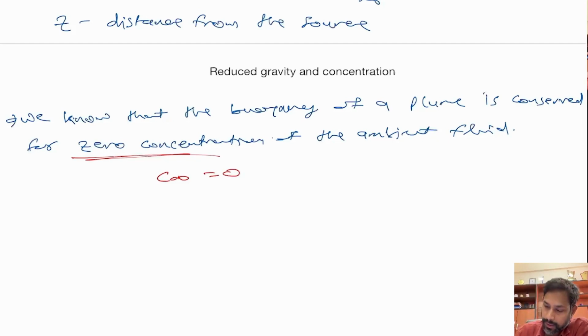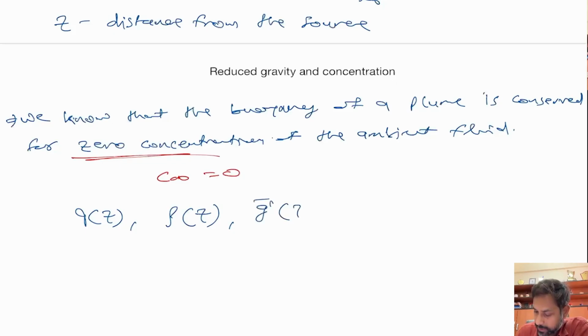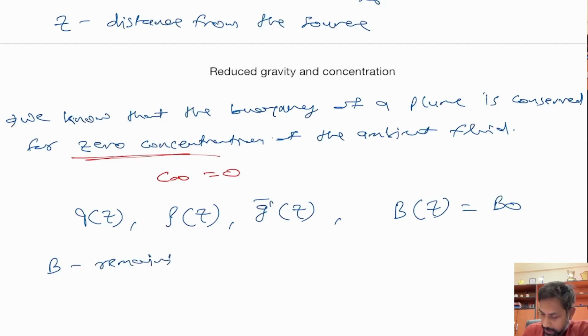Okay, and that is why, while we define Q as a function of Z and rho as a function of Z, or G prime bar as a function of Z, B of Z is actually simply B naught. So B remains constant in Z. Okay, that does not change.